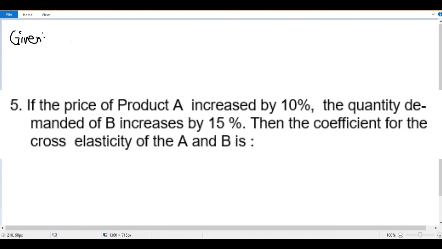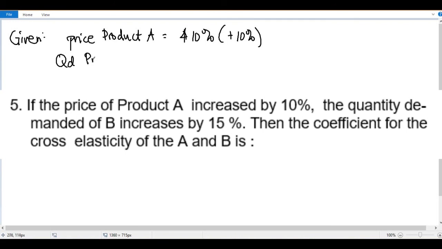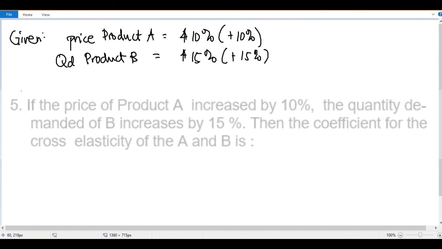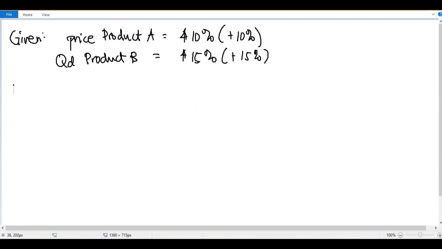We have the price of product A is increased by 10%. So, pwede din tong plus 10%. Ibig sabihin, positive. Then, this one is QD of product B. Nag-increase daw siya ng 15%. So, this is plus 15%. Increases and decreases are important in computing for cross-elasticity.